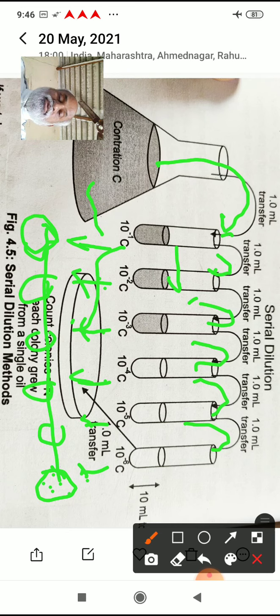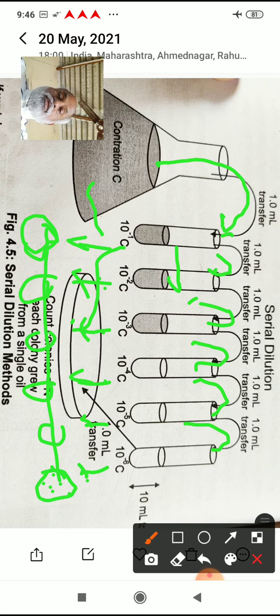So this is the purpose here. By the serial dilution method, the inoculum of the microbe is diluted for getting good separation or isolation, for getting discrete colonies, or for getting a pure culture of a particular microorganism.